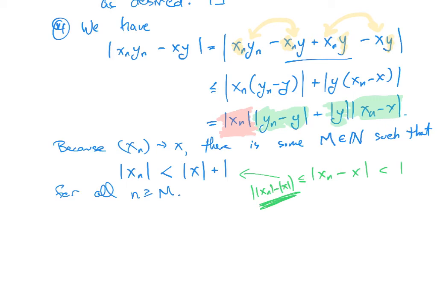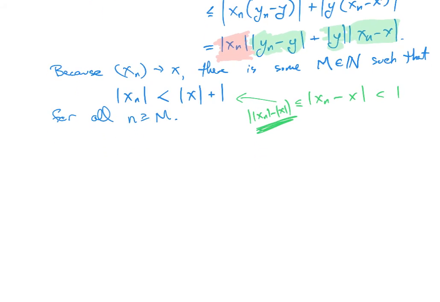Okay, well, anyway, we'll go with the variables as they are. Now, set C, capital C, to be the maximum of the absolute value of x plus 1 and the absolute value of y.